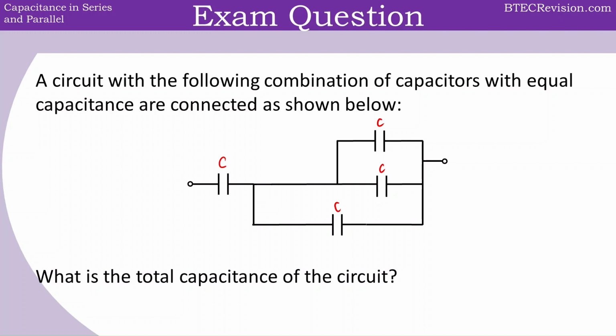So looking at capacitors in parallel, that's probably the easiest to start off with. So this section over here, we can just add them up. And we can therefore redraw the circuit, okay? Because they're in parallel, they'll add up. So let's redraw the circuit like so.